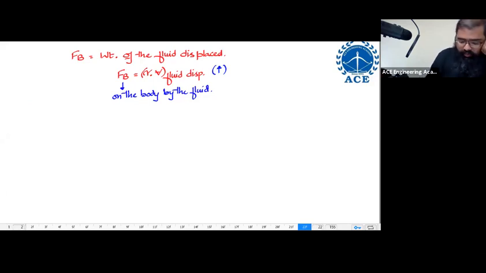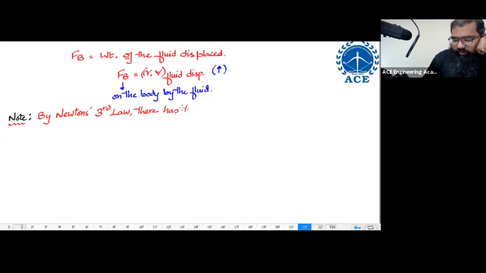So I can say a note over here, which says that by Newton's third law, there has to be FB acting.